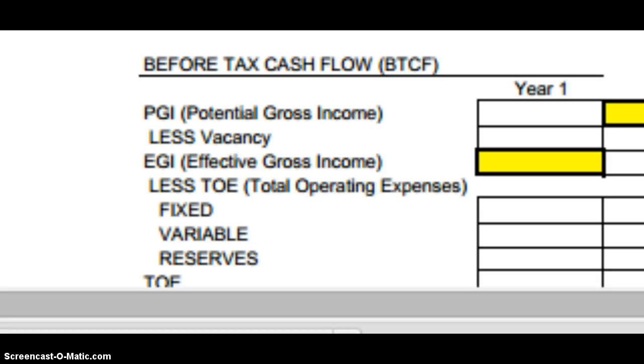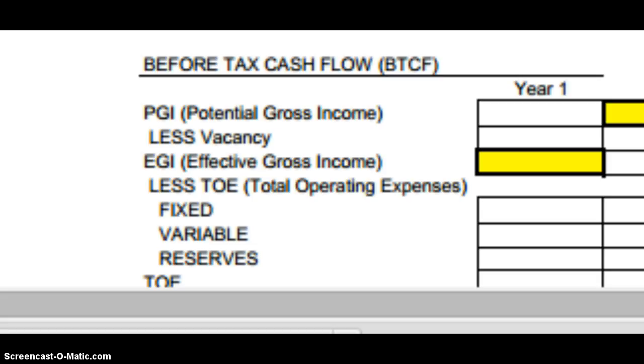Oh, there it is, it's covered up. 30-year times 12, because we're doing it in months. And then future value, 300,1610.